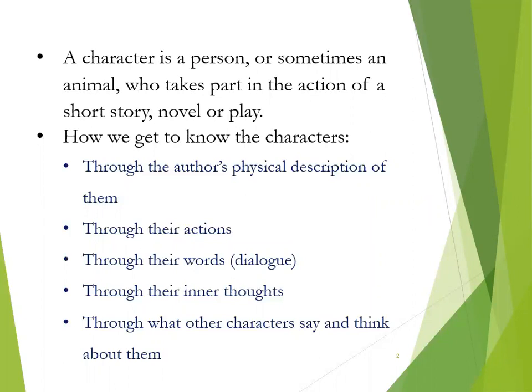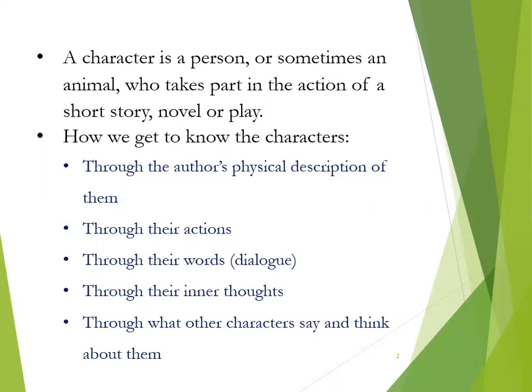Then, through their words, is another technique the writer uses, means through dialogue. How the character speaks and what he speaks is also a very important thing, and from that dialogue or speech we understand what type of character it is.